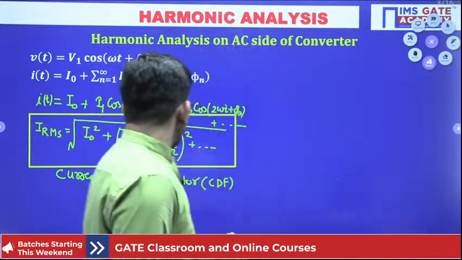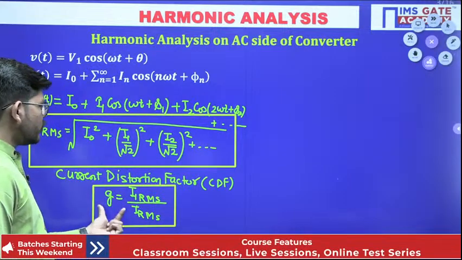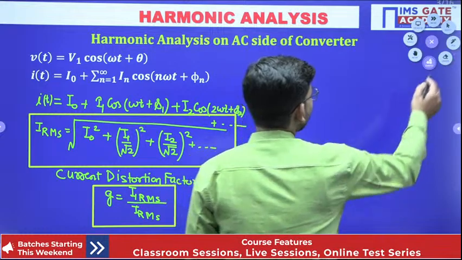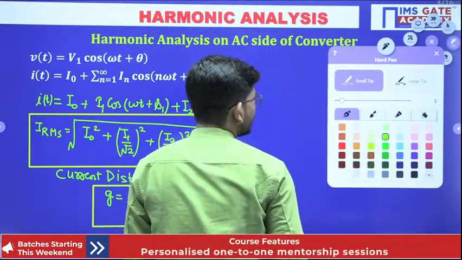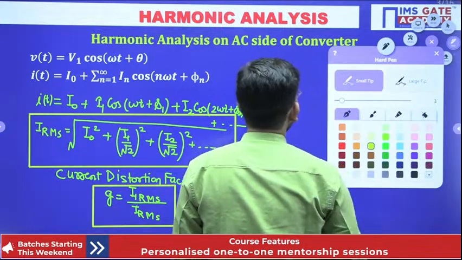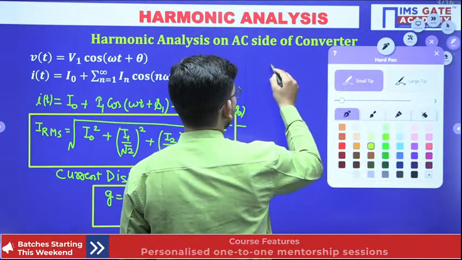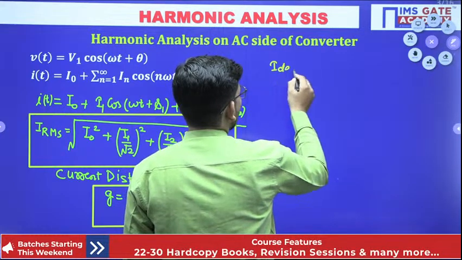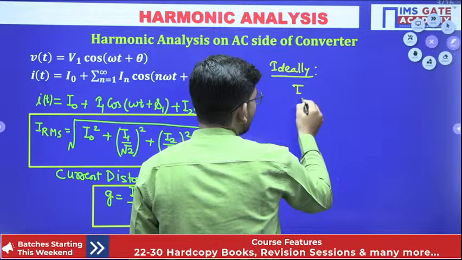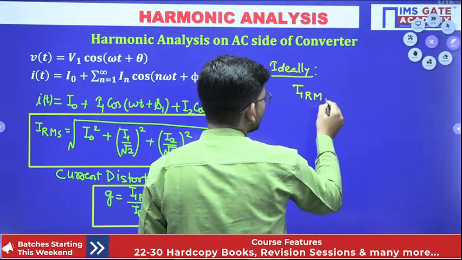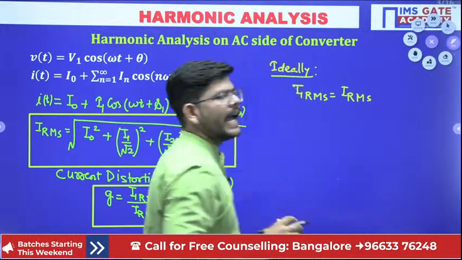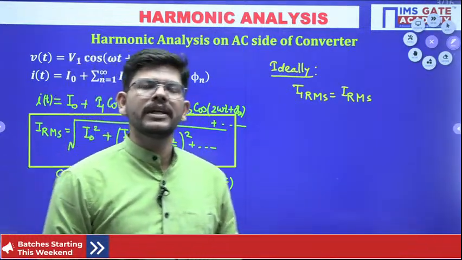Now, what we discussed yesterday about the current distortion factor is, ideally, what should be there? Ideally we want I1 RMS to be equal to IRMS, meaning there should not be any other frequency component present in the signal.